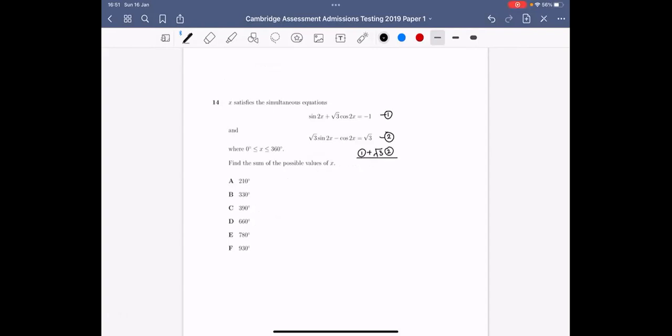So that I get sine of 2x plus √3 cos of 2x equals -1. This is plus 3 sine of 2x minus √3 cos 2x is equal to 3. Then this becomes 4 sine of 2x is 2. So that's sine of 2x is a half.